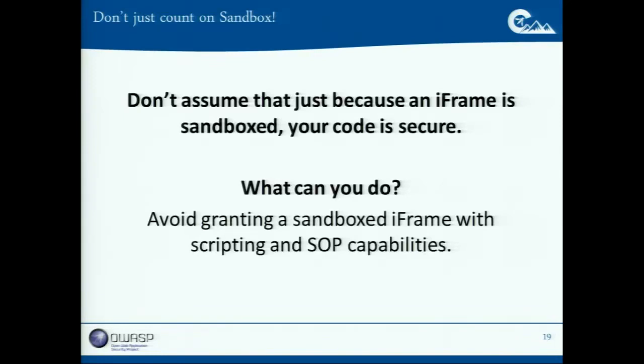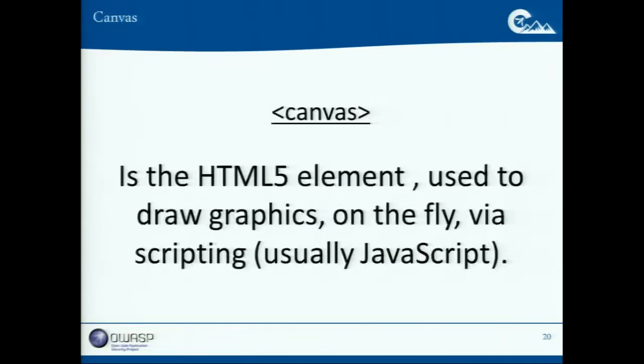What does it mean for someone who is looking at sandbox and actually counting on sandbox, that once you have a script allowed, you are open for attacks? So in case you want to prevent that situation from happening, you have to be specifically not allowing scripts. That's one example of a JavaScript flaw which is brought up by HTML5.